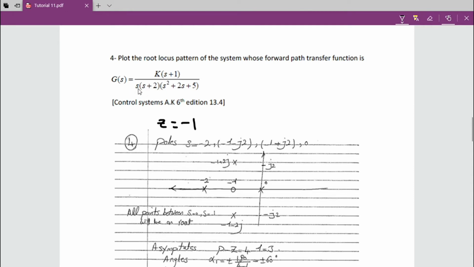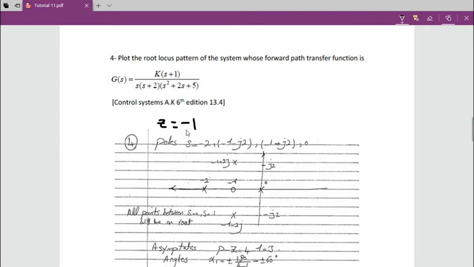Your poles are equal to 0, negative 2, and solving this quadratic factor equated to 0, your poles are equal to negative 1 minus j2 and negative 1 plus j2, right? So listing your poles: negative 2, negative 1 minus j2, negative 1 plus j2, and 0.